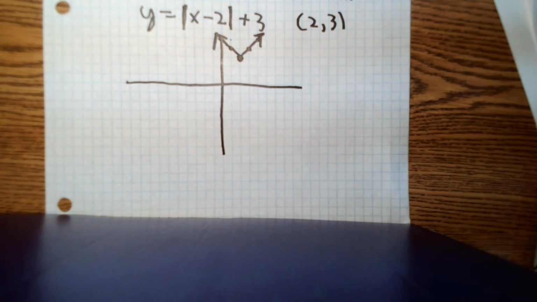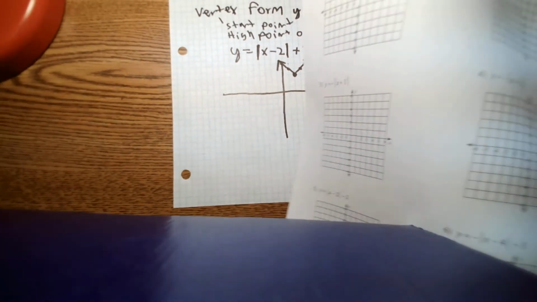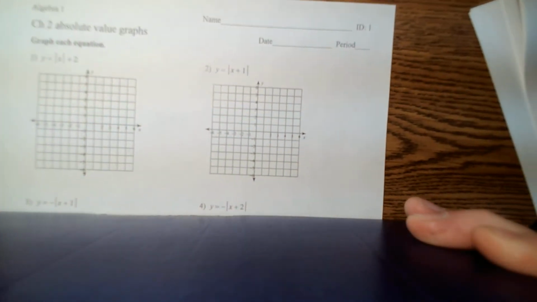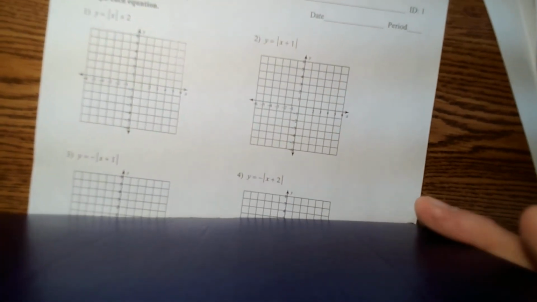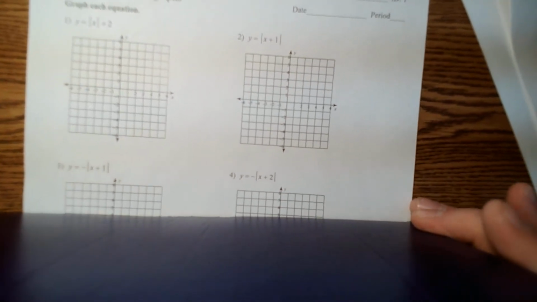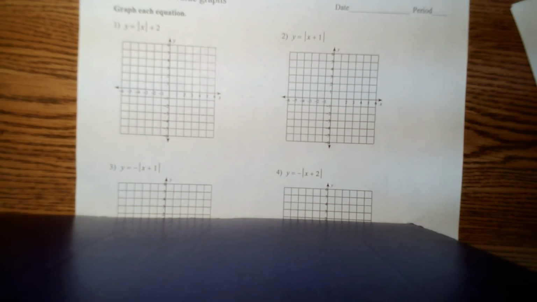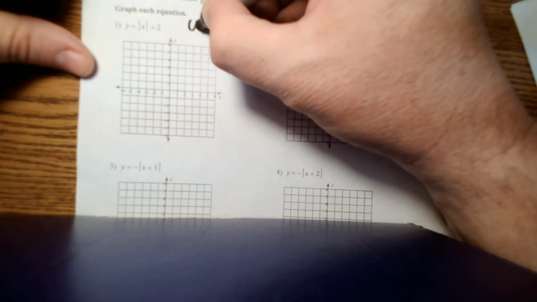Okay. So let's look at number 1. And I don't know if this can focus enough to get this done on this board. But I'm going to rewrite number 1 so you can see it.